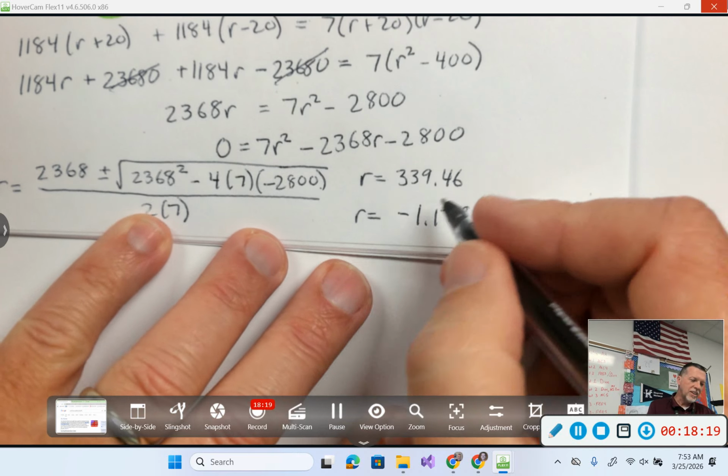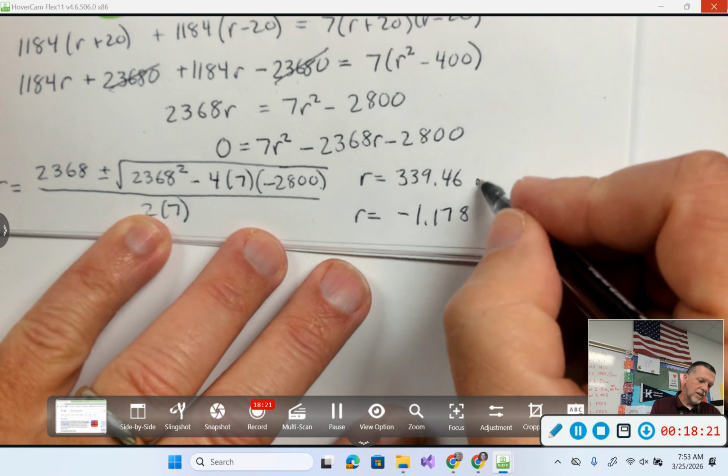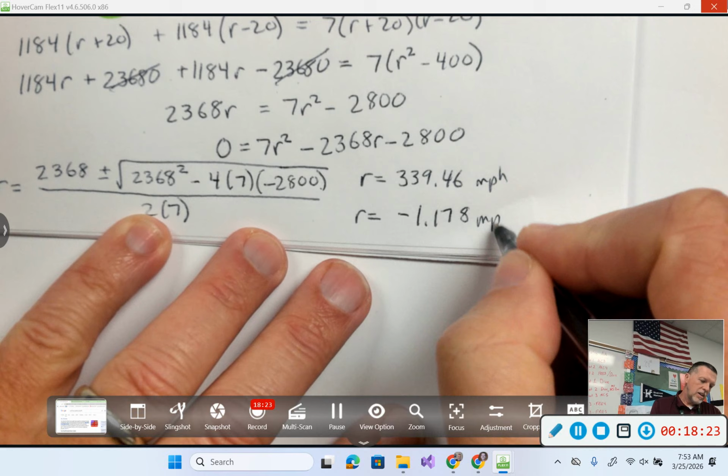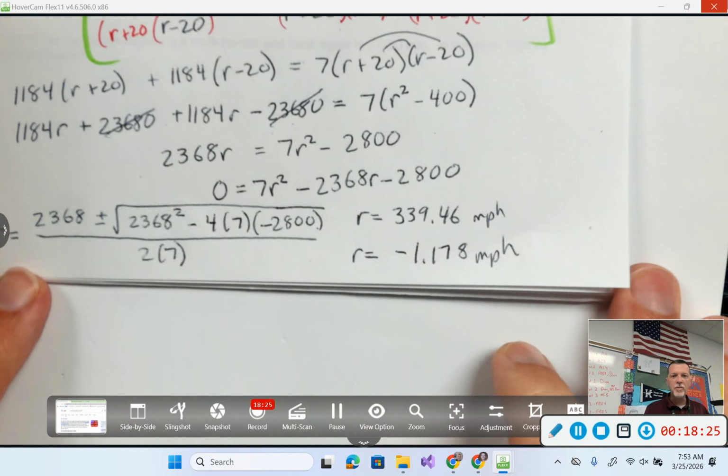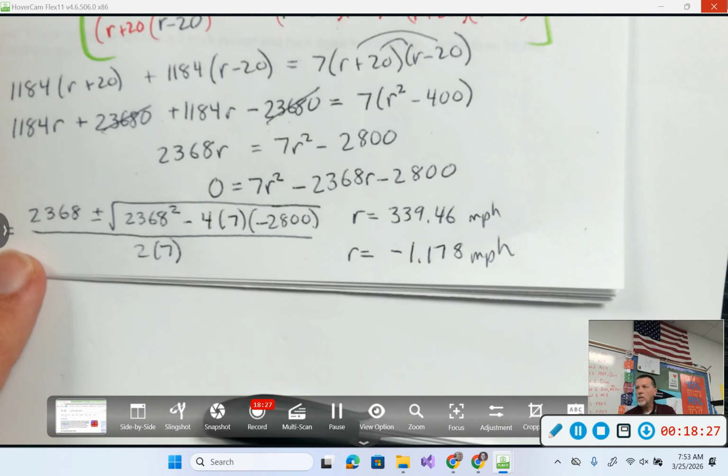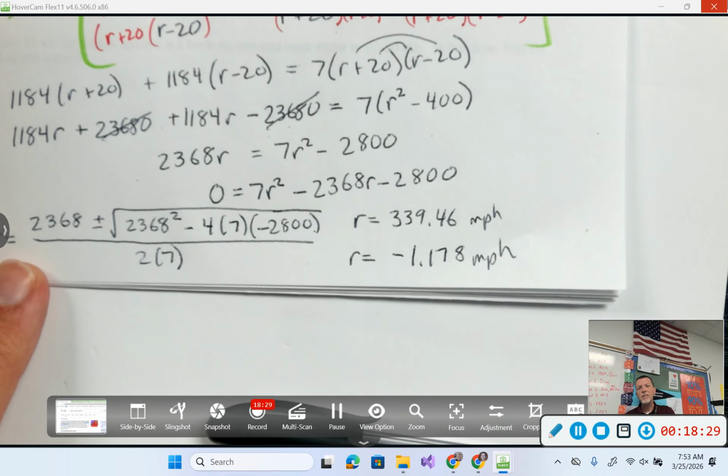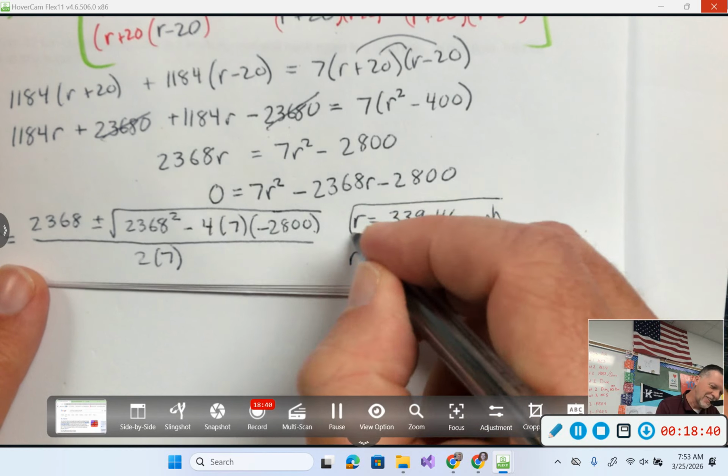So, well, it's not distance, it's R, it's rate. R was the speed of my plane. So either the speed of my plane is 339 miles per hour or negative 1 miles per hour. Which one do you think seems more right for a plane? I think 339.